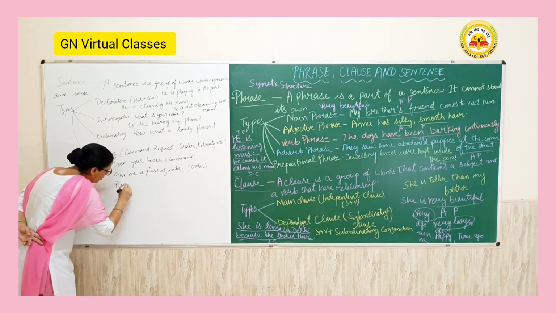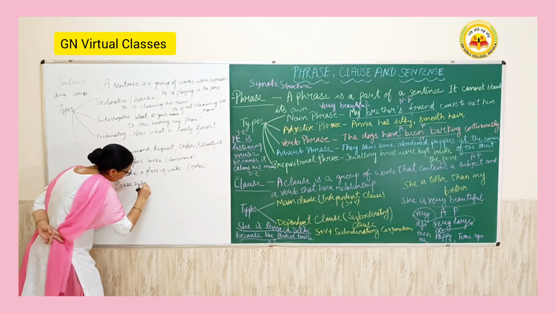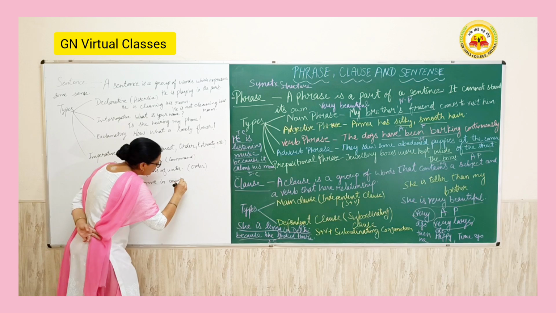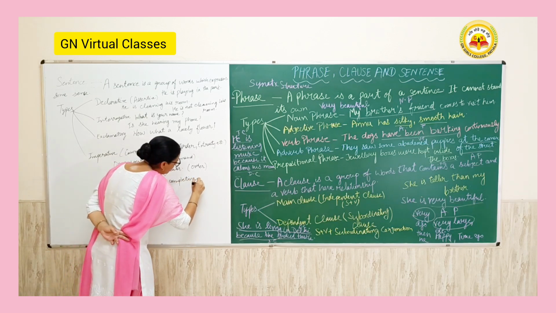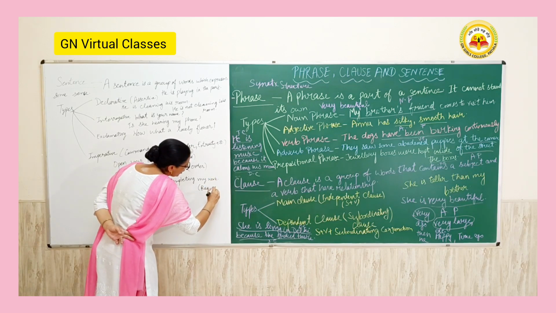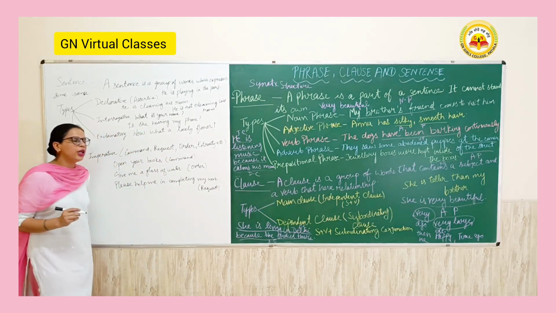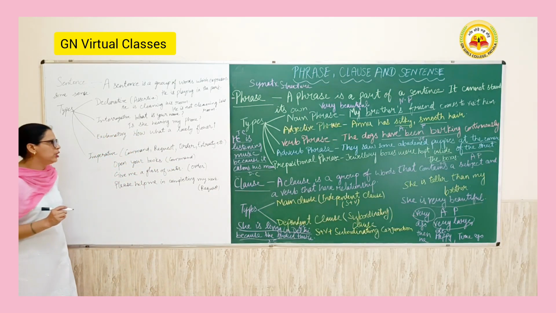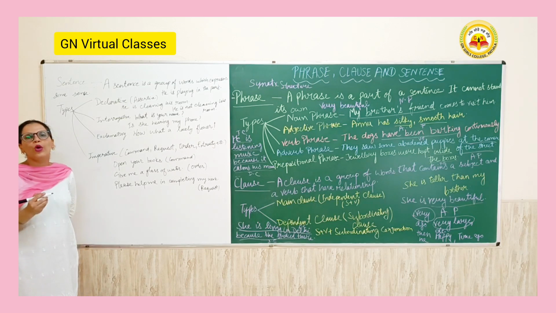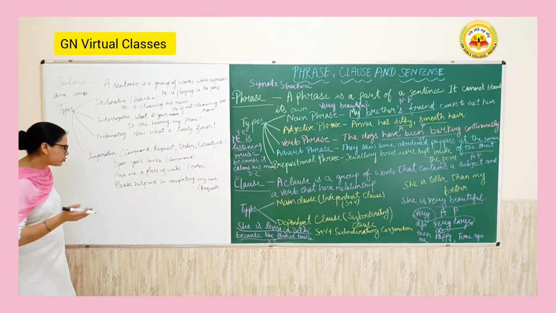Please help me in completing my work. This is a request. I request you to help me in completing my work. Entreaty means you are inviting someone to your home or for tea or coffee.